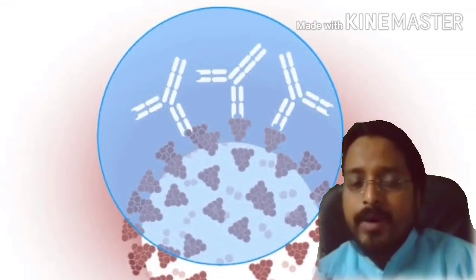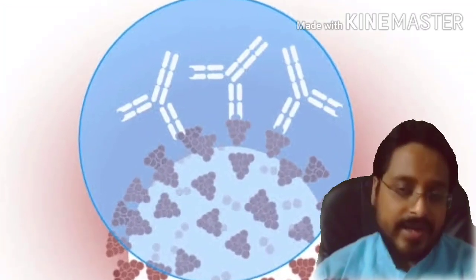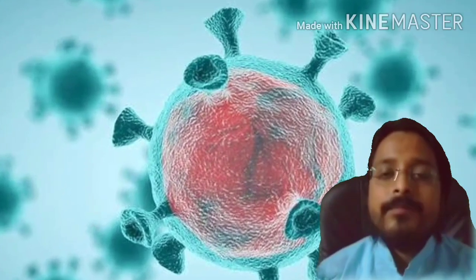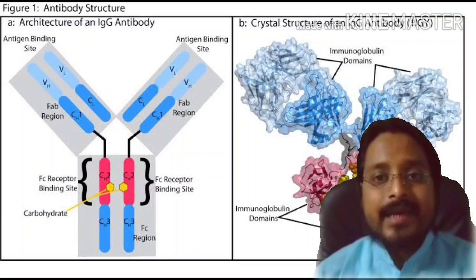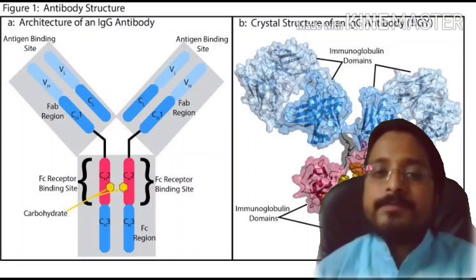When we talk about immunity to a virus or immunity to a disease, we talk more about immunoglobulin G, that is IgG, because that is the immunoglobulin that lasts longer.